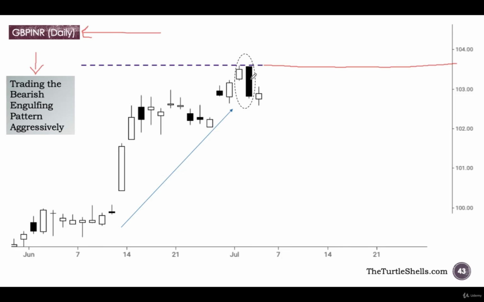The highest high of the two candles becomes our resistance point. I call this R1. Another thing to notice is the rising window. We discussed this concept briefly when we were studying the shooting star. Between these two days, there was a price gap.